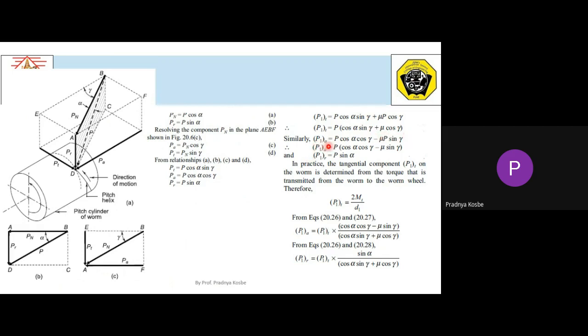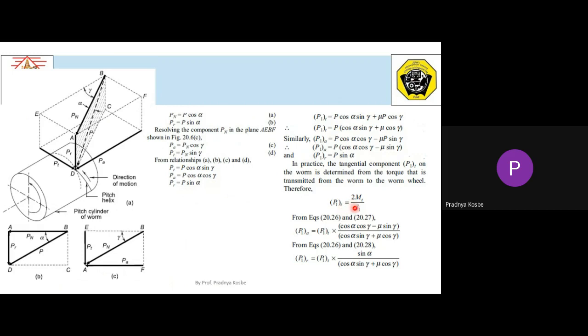And similarly, the axial component P1a is equal to P cos alpha cos gamma minus mu sin gamma, because mu P sin gamma is in the opposite direction. And Pr is equal to P sin alpha, which is as it is.